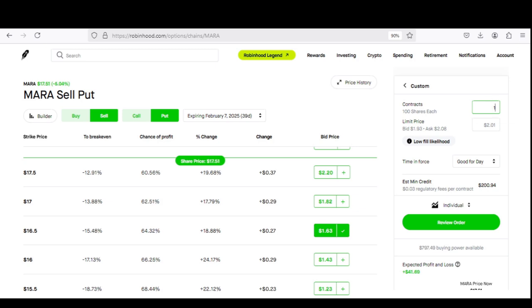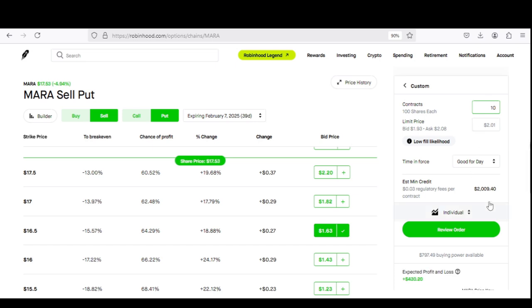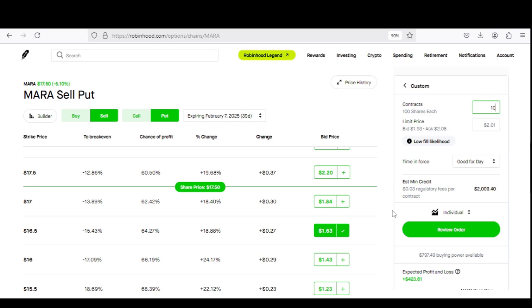So they could simply go to 10 contracts and then they're going to be receiving $2,000. Now, $2,000 on a monthly basis is someone's salary right here. So the bigger your option portfolio, the better it's going to be if you go further out, as opposed to a tiny portfolio. The closer expiration date is going to work for you.